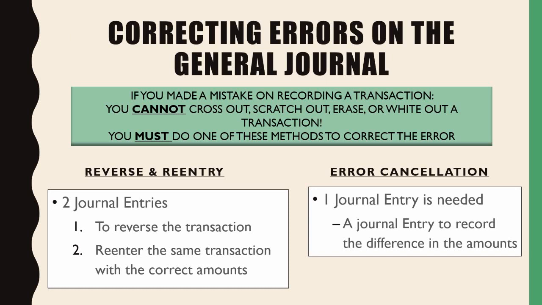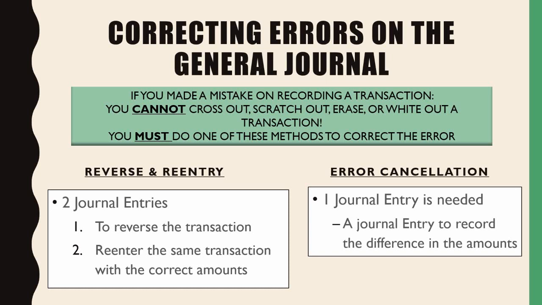Now, the rule of thumb here is when you are journalizing a transaction, you have to be very careful when you are entering a transaction because it could potentially be wrong. Again, because we're beginners, this is your time to make mistakes and to learn from them.